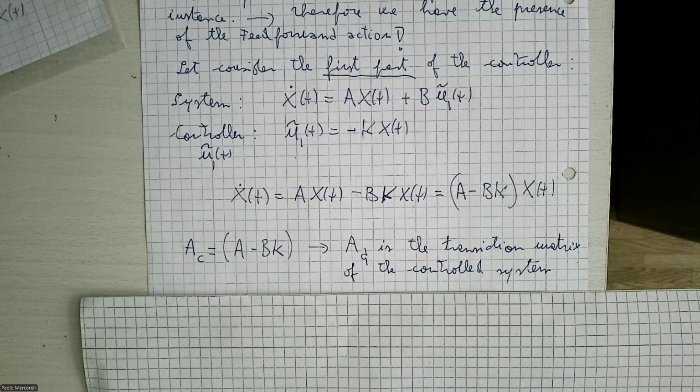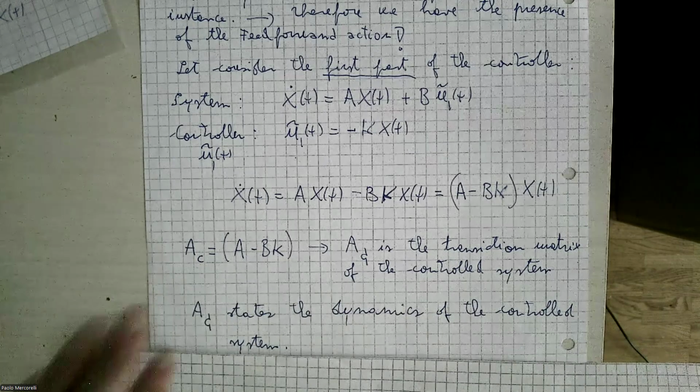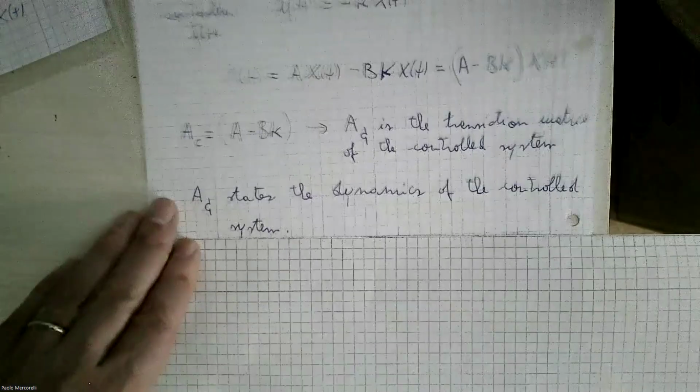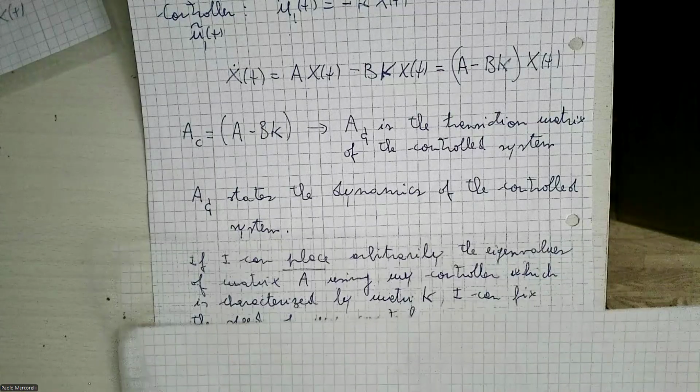It is the matrix of the controlled system, at least considering the states. AC states the new dynamics, the control dynamics of the system.